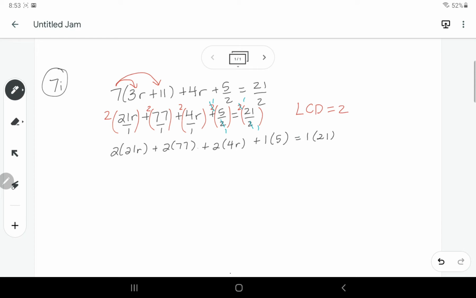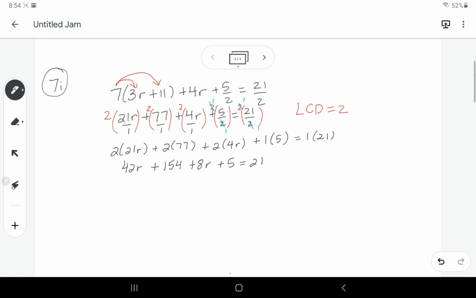So the ones that the 2 has reduced, we don't have that 2 multiplying anymore. Then I'm going to multiply all the way through, so I get 42r plus 154 plus 8r plus 5 equals 21, just multiplying each pair of numbers there.